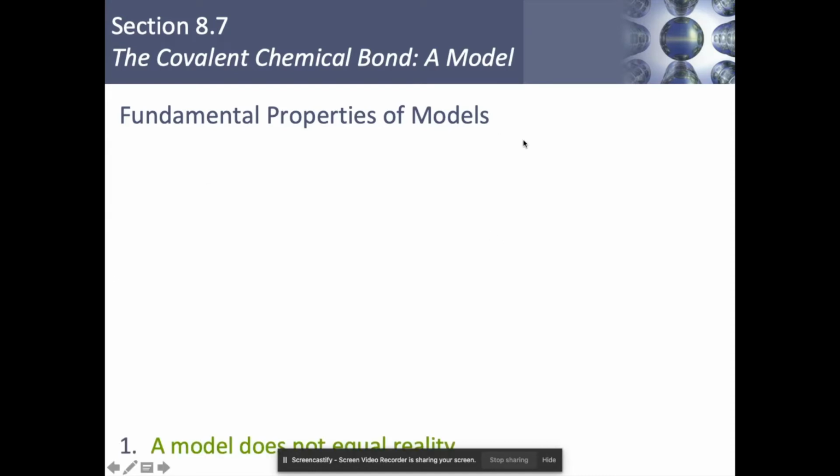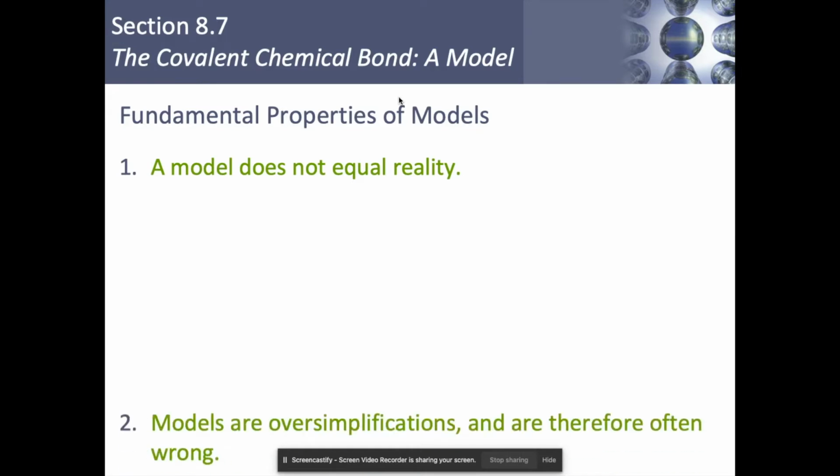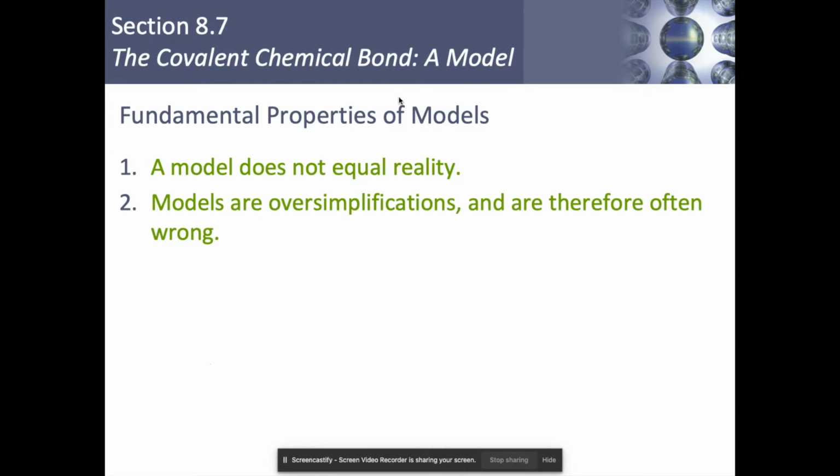Now, fundamental properties of models here. So keep in mind that now we're going to be modeling some covalent bonds here. A model does not mean it is real, okay? Models are workable, simplified ways of looking at the universe. And so, like it says, models are often overly simplified, and so therefore they can often be quote unquote wrong, okay?